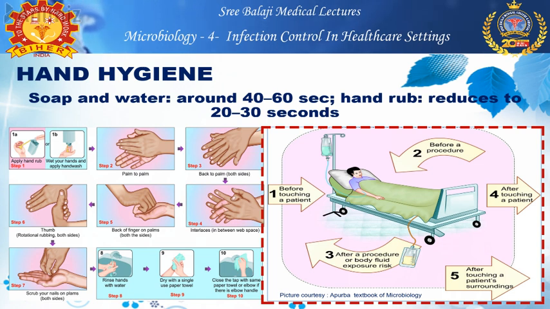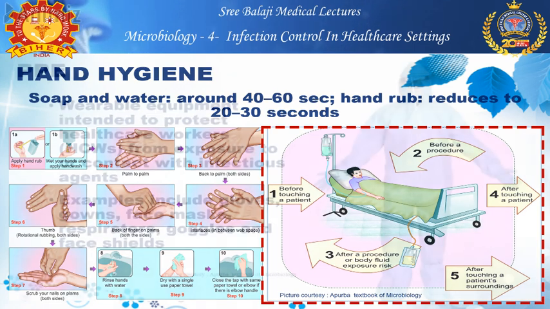And the fifth one is, even if you have not touched the patient, you have just gone to the patient, inquired how he is, and if you have just touched the case sheet, that is the environment, then also you have to go in for hand sanitization. So these are the 5 moments of hand hygiene which should be followed by all healthcare professionals in a healthcare setting to avoid healthcare associated infections.